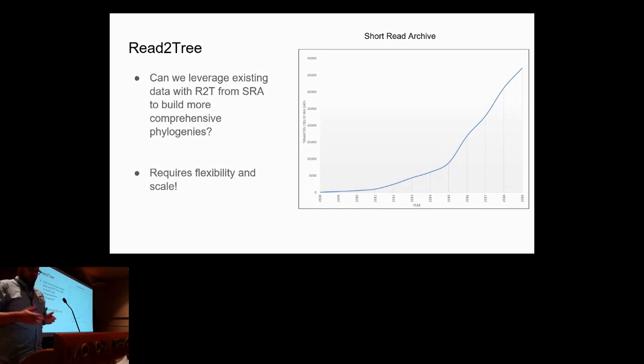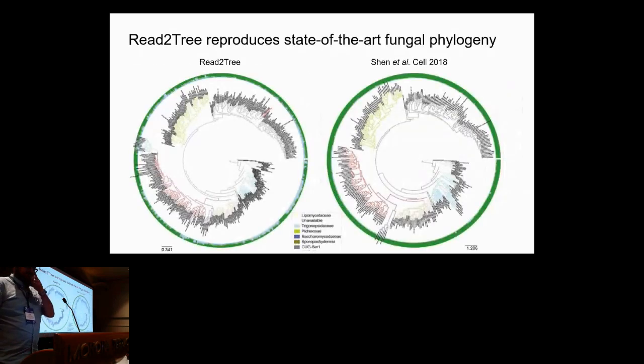So the first thing that we settled on was the following data sets. Shen et al. published a really fascinating paper in Cell 2018, where they built the phylogeny of yeast. You can see the phylogeny on the right side. We took all the data sets and even added data sets. In total, we ran Read2Tree on 435 yeast genomes in just a fraction of the time.